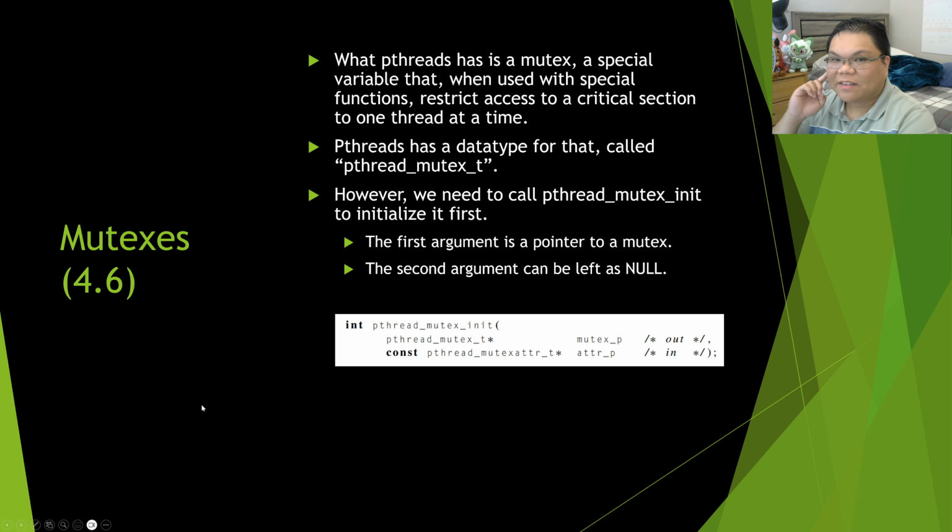So we need something else. What we need is something that pthreads already has. It's called a mutex. You can think of a mutex as a type of lock. Say you go to the gym on campus, or just go to a gym. You want to use a locker. You have a lock. But wait, you forgot your lock.